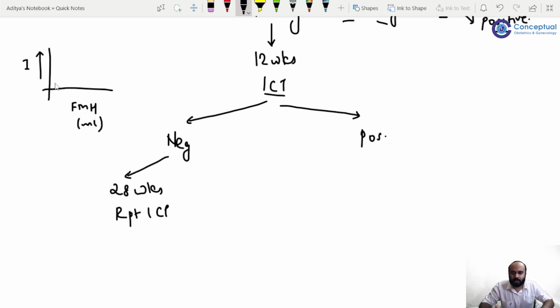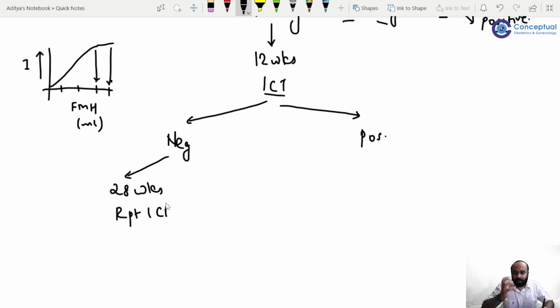Now this chart shows that across first trimester, second trimester, third trimester and around the time of delivery, the amount of feto-maternal hemorrhage only keeps on increasing. So the incidence increases and the amount of feto-maternal hemorrhage also increases. This shows that a significant amount of feto-maternal hemorrhage occurs especially in the third trimester and around the time of delivery.